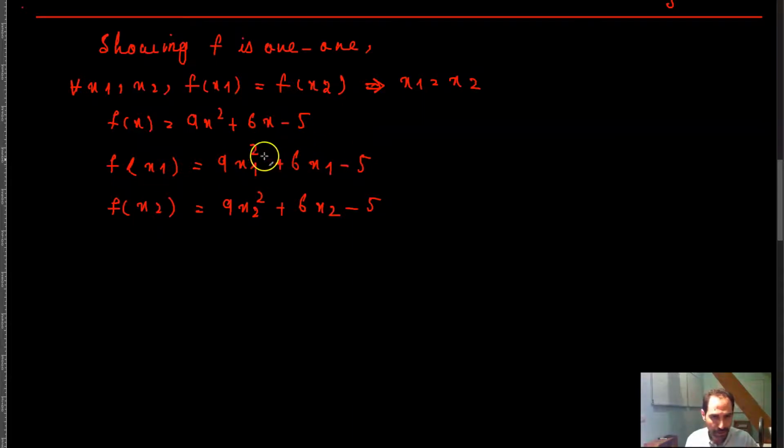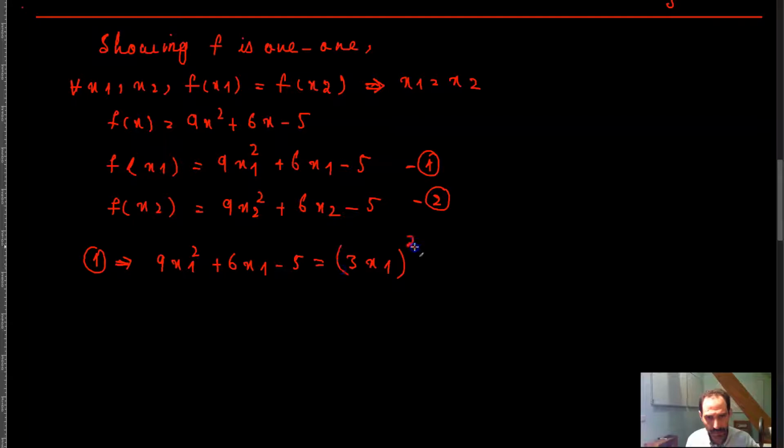So what I can do is take f of x1, if I call this 1 and this 2, I can take 1 and write it as 9 times x1 squared plus 6 times x1 minus 5. I can write it as 3 times x1 whole squared, and then I want to make it a perfect square.